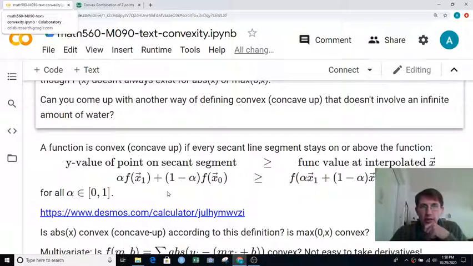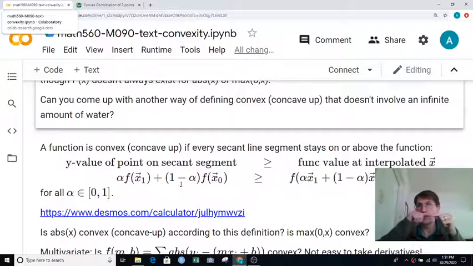So let's take a quick look at this formula. Alpha x1 plus 1 minus alpha x0, that's what we said is a point on the line segment between these 2 points. And then we're evaluating the function there. So that's the function value at a point that's interpolated between the 2 points. And then here, we're taking a y value and another y value, and then we're interpolating between those.